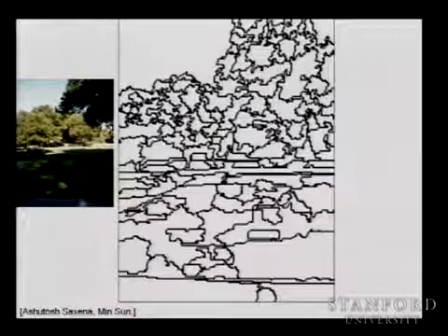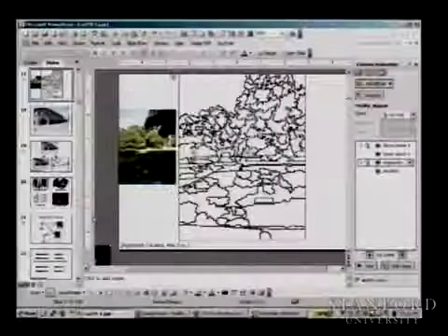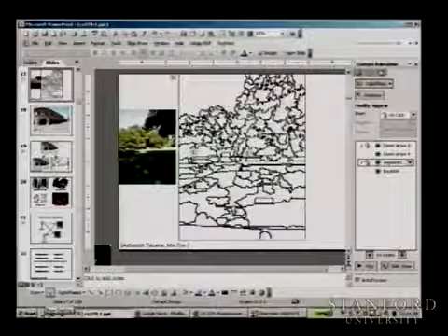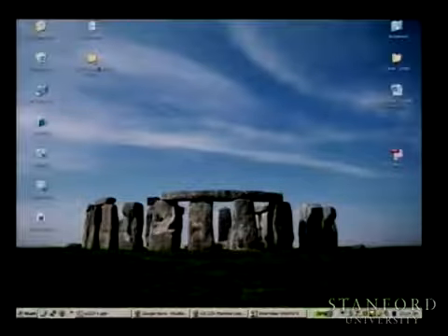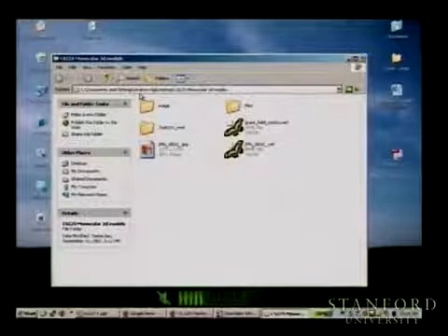Okay, so in the middle you see the lines grouping the image into contiguous regions. And what Ashutosh and Min did was they then applied the learning algorithm to say, can we take this clustering and use it to build a 3D model of the world.